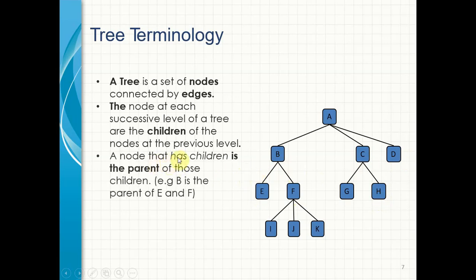So a node that has children is the parent of these children. For example, B is the parent of E and F. So E and F are the children of B. And siblings are children with the same parent. As you can see, G and H are siblings.